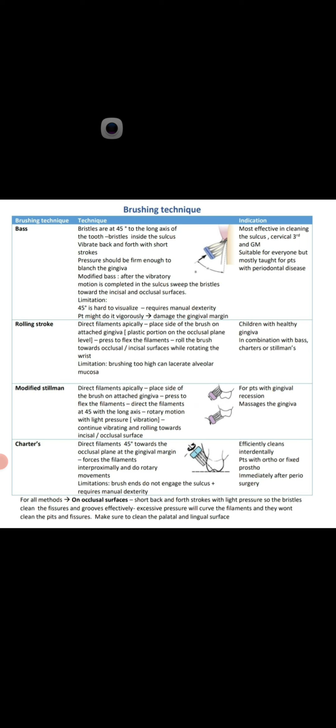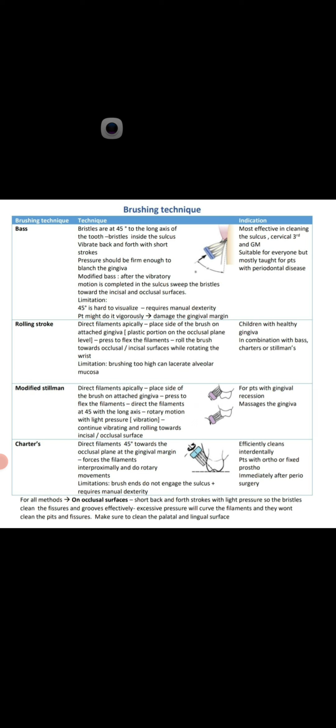Next is the rolling stroke. When we use the roll method, mostly the children like rolls, they eat rolls. It means for children with healthy gingiva. When children are healthy, they eat rolls.